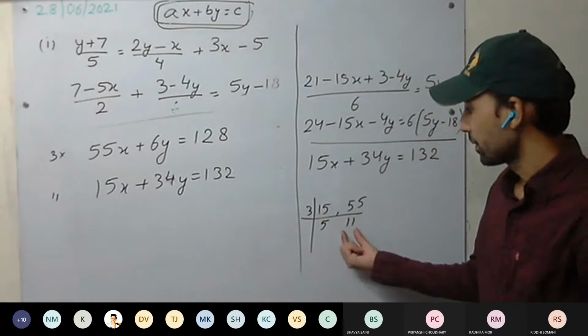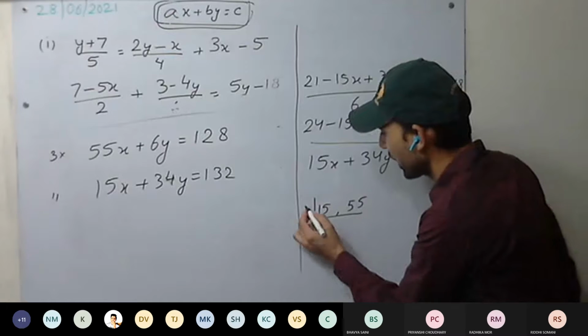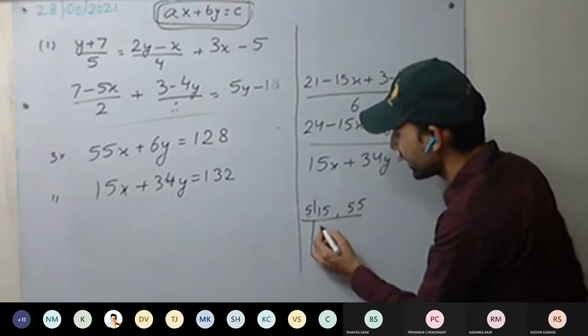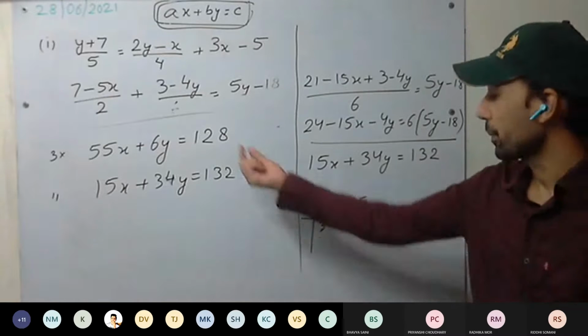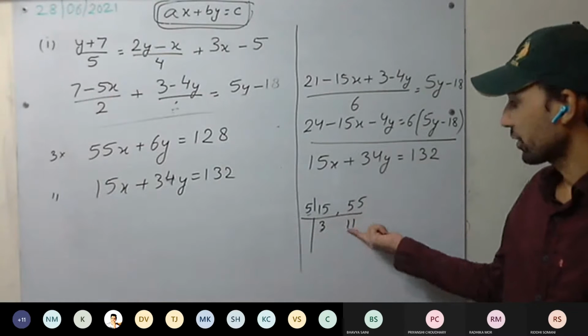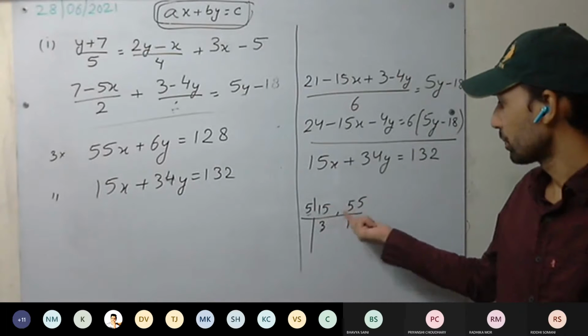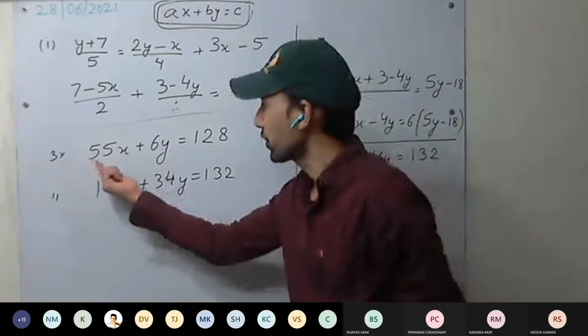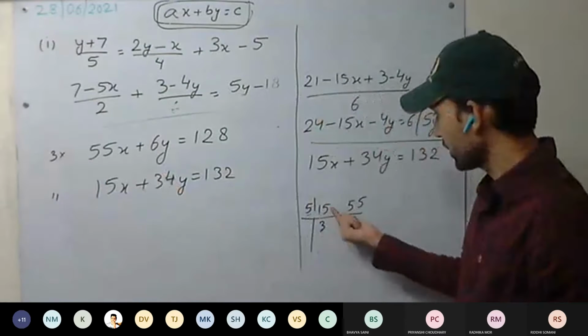So the first equation will be multiplied with 3 and the second equation with 11. 5 is common.